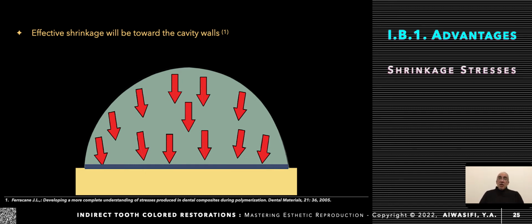And that's why it was discussed before that with the C factors, you should have a maximum free surface, to let the composite compensate its shrinkage from the free surface and be directed toward the wall, where your cavity wall has a body temperature, much higher than that of the outside atmosphere of your room.